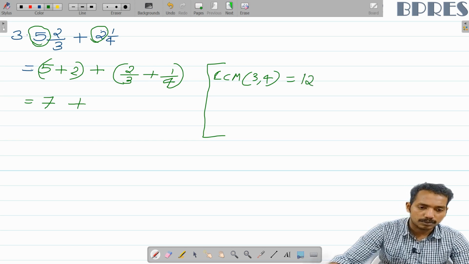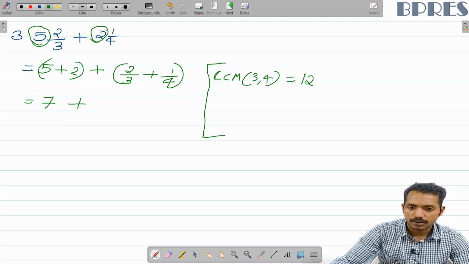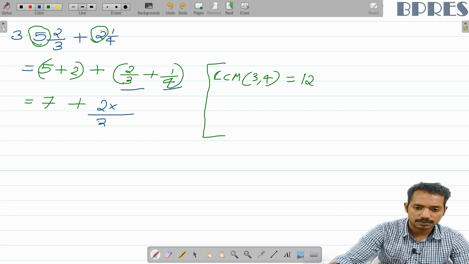Clear? I'm not going to find it again. So to make the denominator in the form of the LCM, we have to multiply both the numerator and denominator of the fractions with 4. Right?